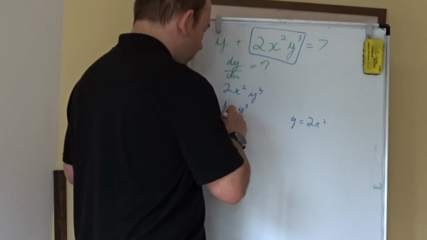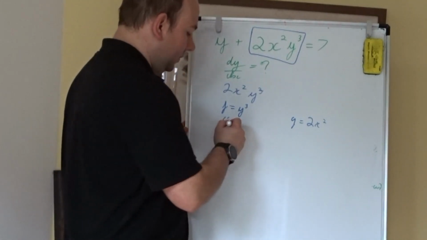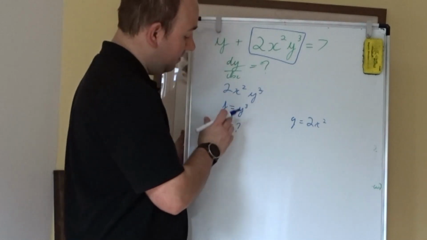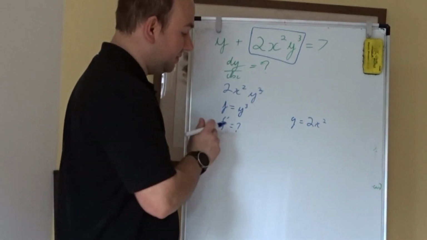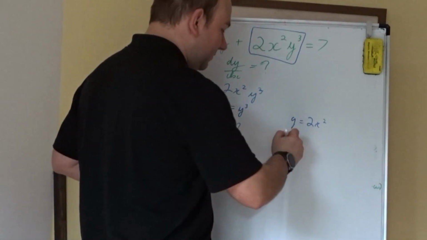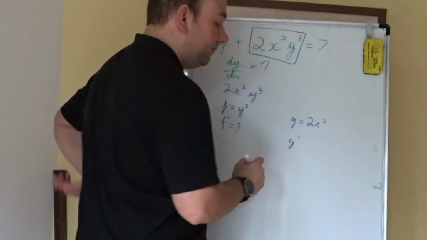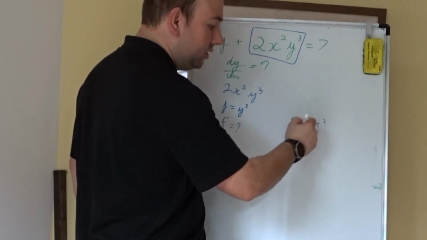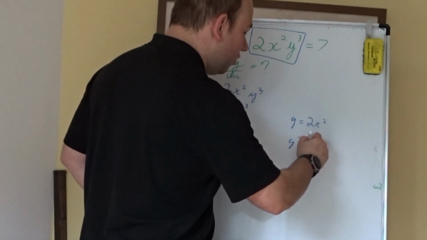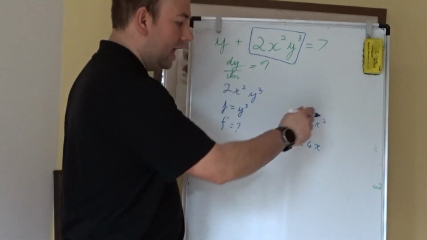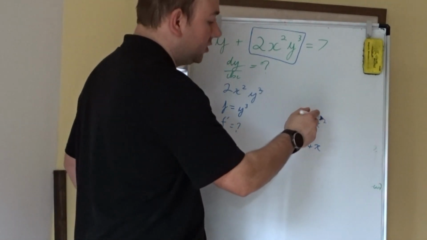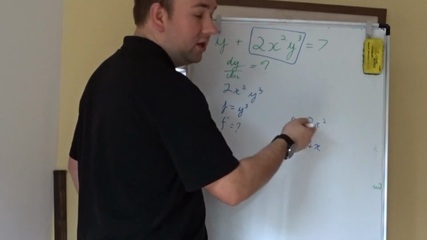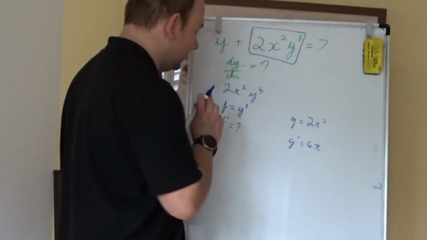So we need to find f prime, which is going to be a bit of a problem because how do we differentiate this with respect to x? So let's go straight over to the g prime. In this case the 2 is going to come down, so it's going to go to 4x. And we're going to take 1 away from this power of 2, so it's going to go to x to the 1, which is just x.